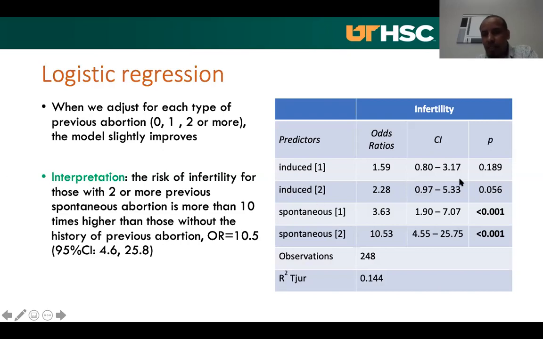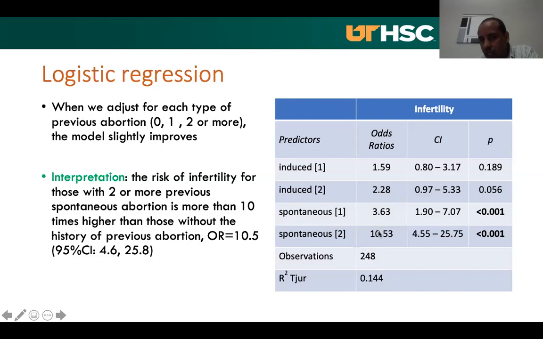So in this table, we included both a previous history of induced abortion and previous spontaneous abortion in the same model. So that means for each of the variables, we adjusted for the other variable.